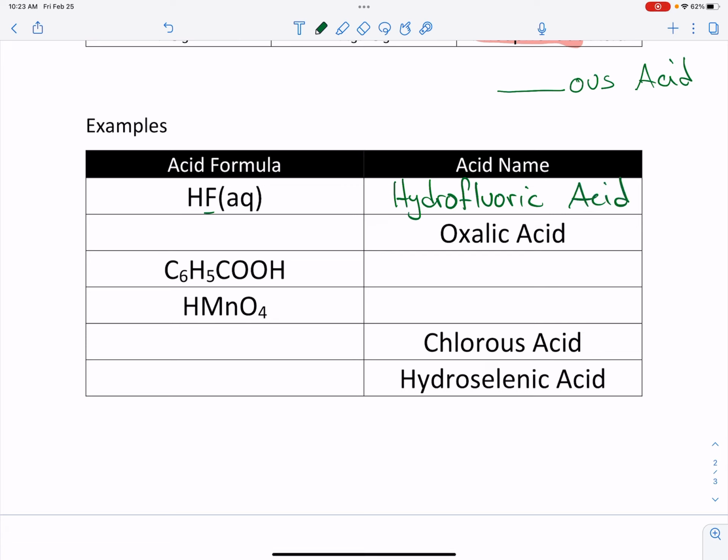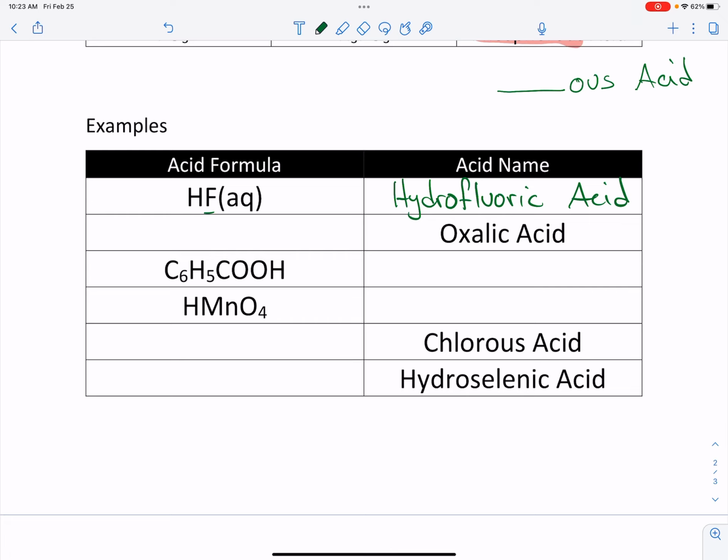So binary acids have that pattern, hydro something ic acid. The next example will work backwards. So we see clearly it's an acid. The name says oxalic acid. So we know the formula will likely start with hydrogens. Oxalic, so there's no hydro at the beginning, which means this is not a binary acid.